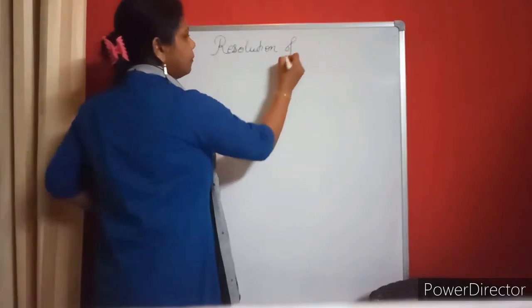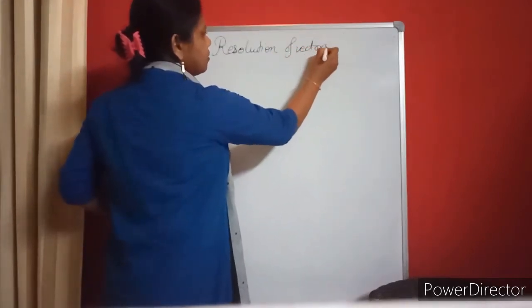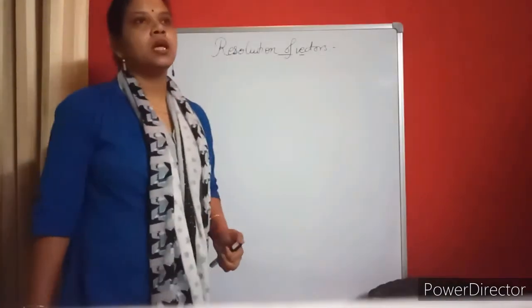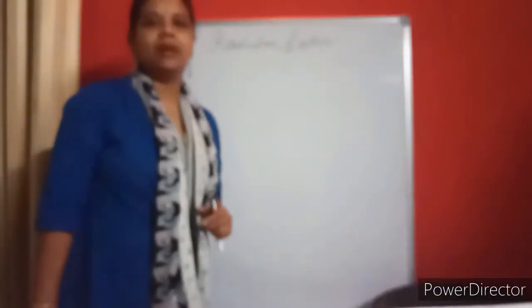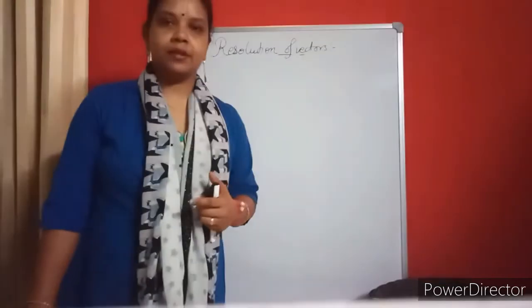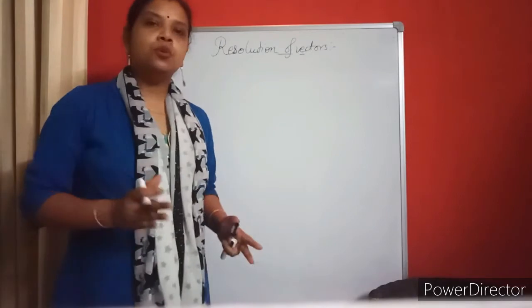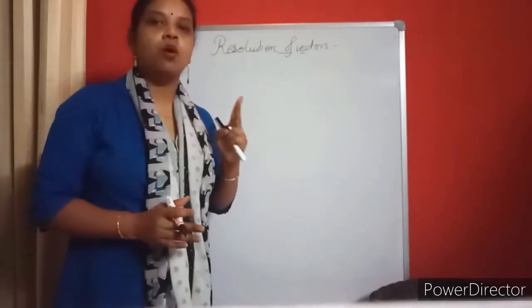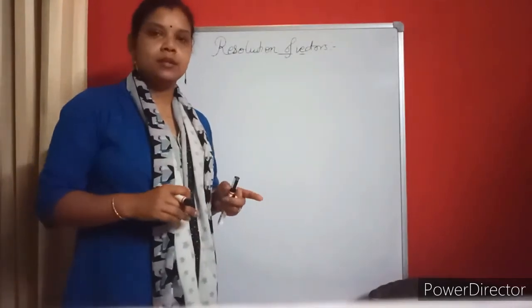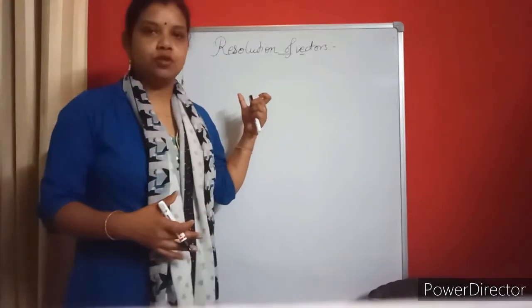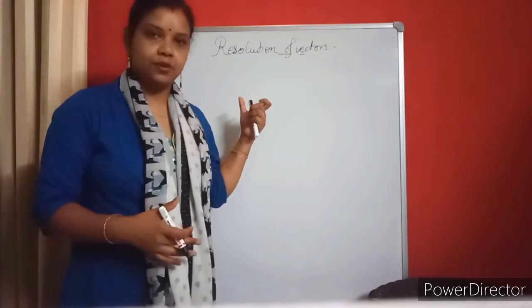I will provide the definition, but I will have to read it. The definition is that if we have one vector, we can split it, meaning divide it, into basically two components. Those two components are known as the resolved parts, and the process is the resolution of vectors. We are resolving the vectors.